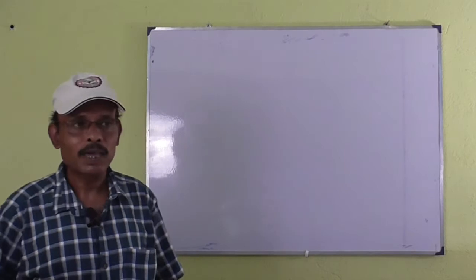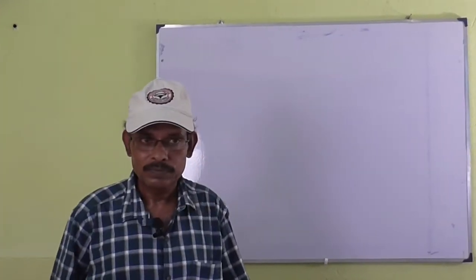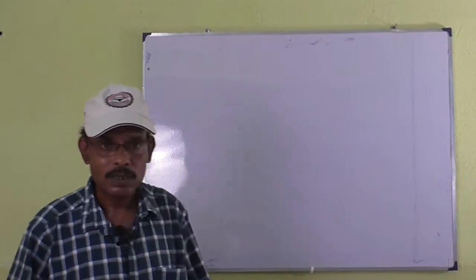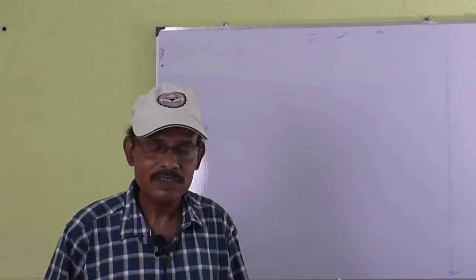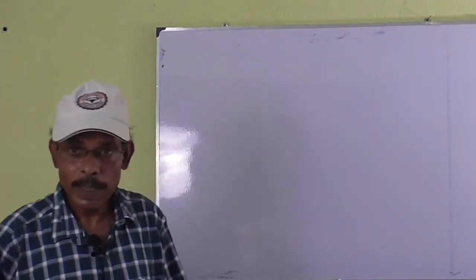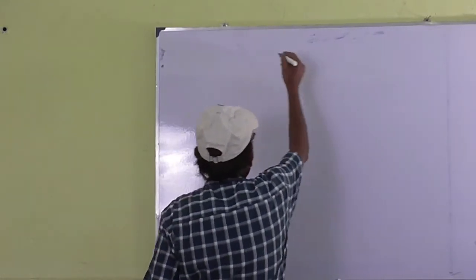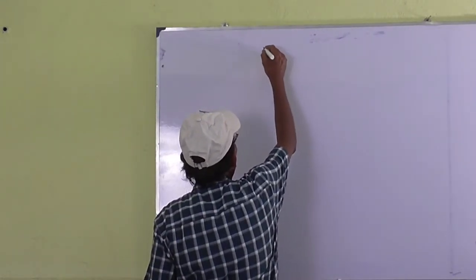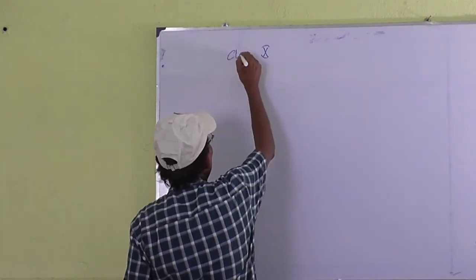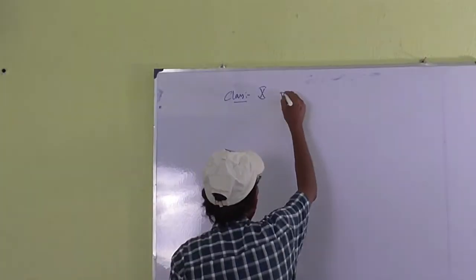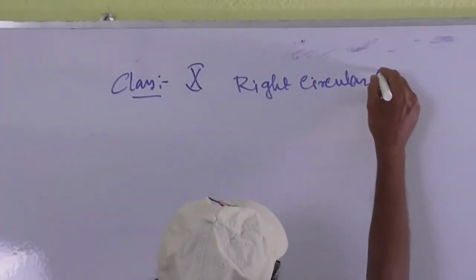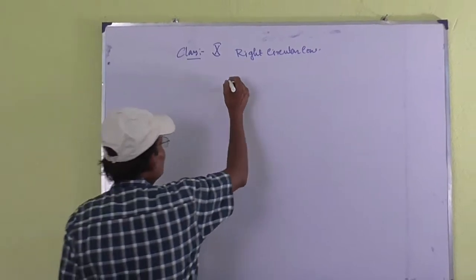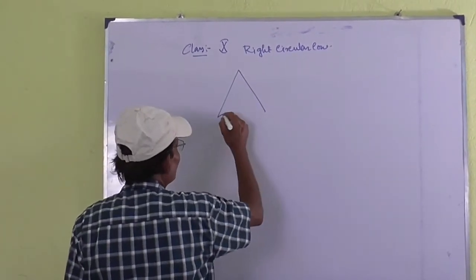I will discuss the right circular cone, combined with a right circular cylinder, but mainly the right circular cone. Now, this is the right circular cone.